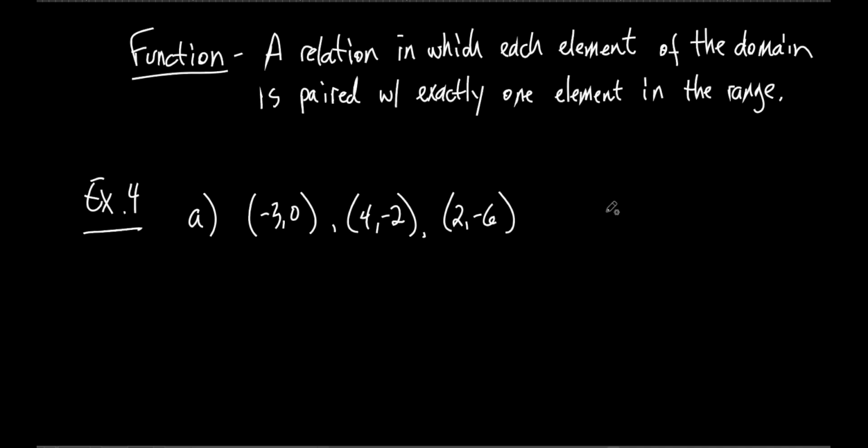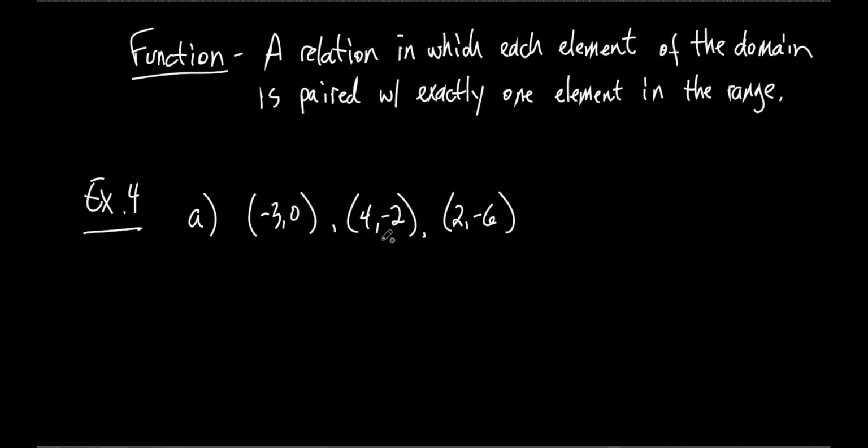And we have to see if it's a function. Look, each x, listen to what I said before, each x has its own unique y. You hear what I just said? So this -3 has a 0. This 4 has a -2. This 2 has a -6. Is each y unique to those particular x's? Yeah, they are.